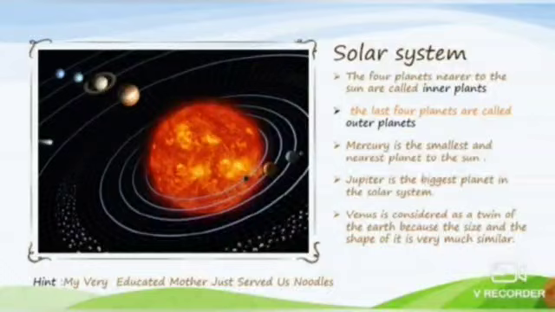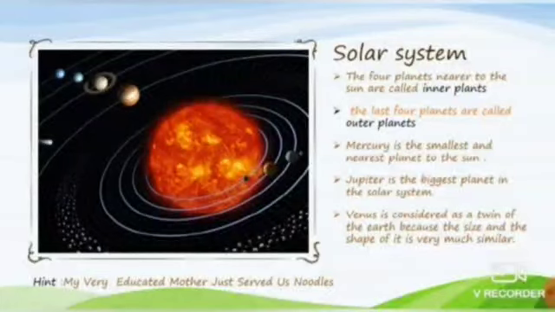The 4 planets nearer to the sun are called inner planets. Those are Mercury, Venus, Earth, and Mars. The inner planets are comparatively smaller in size and composed of rocks.